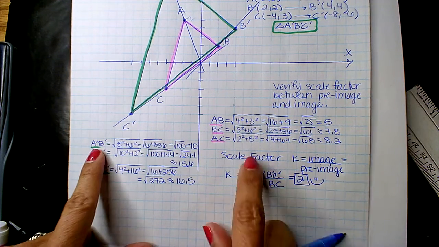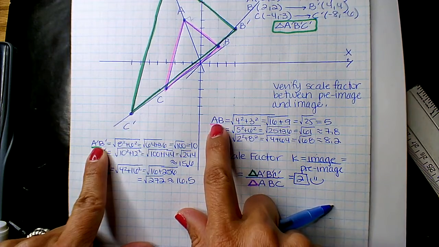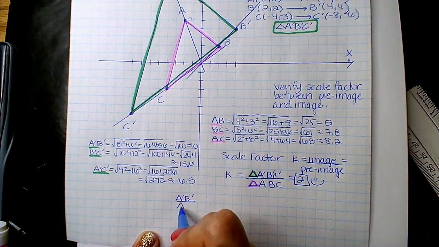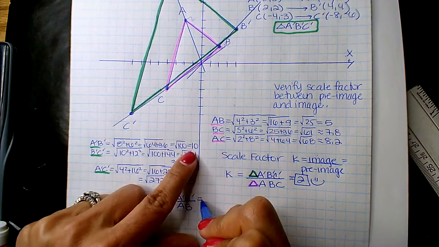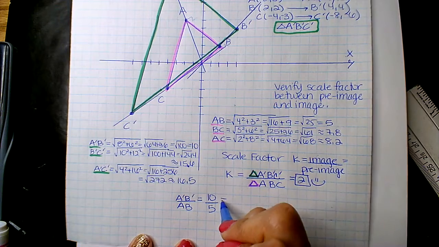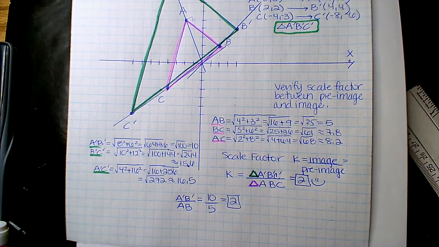So I'm going to take A prime B prime over AB. What's 10 divided by 5? 2. Perfect. So take the next corresponding sides.